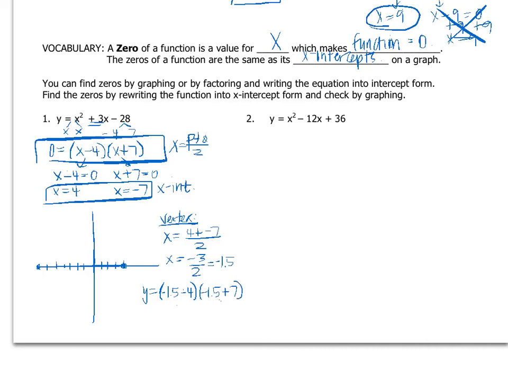If I find these two and multiply them together, I end up getting negative 30.25. Now, at negative 1.5 and down, let's say here's negative 30, I'm just going to shorthand this and get this parabola with a vertex at negative 1.5 and negative 30.25.